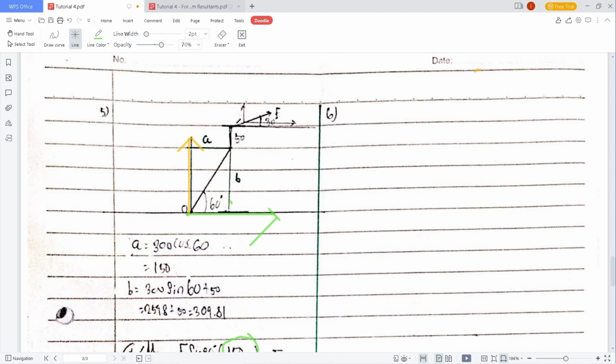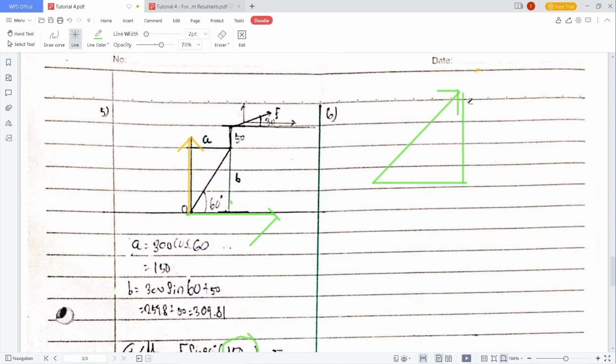Force F direction will be in this direction, 13 degrees. It's not parallel to either x or y, so you need to resolve it into x and y directions. By doing so, you need to do a rectangular resolution of the force. Just assume this will be your force.